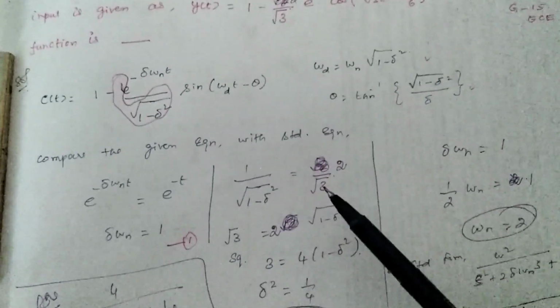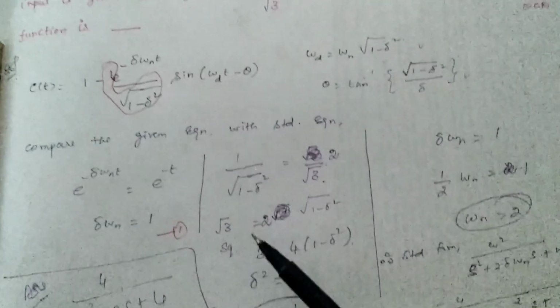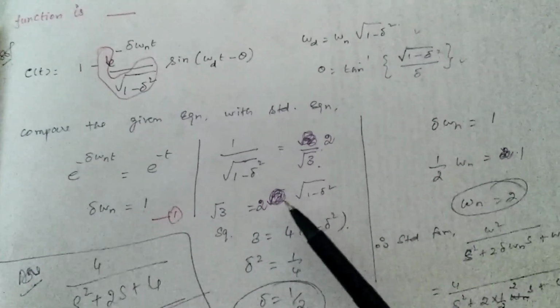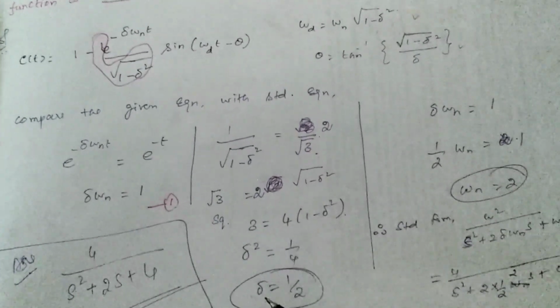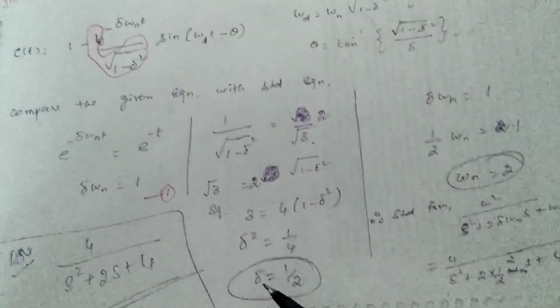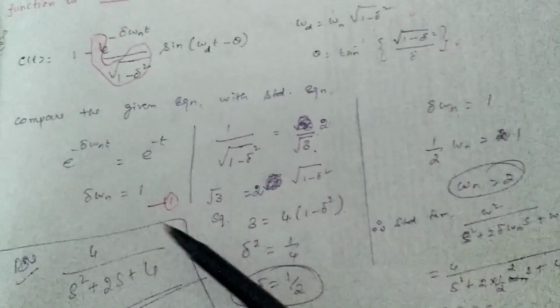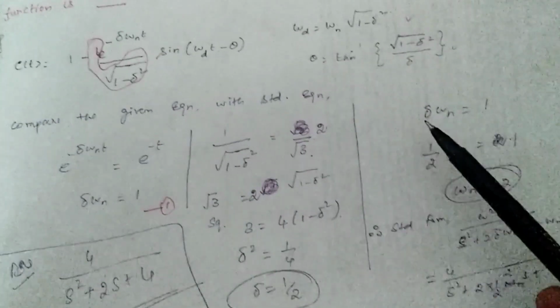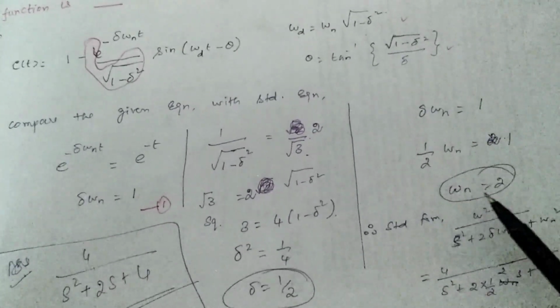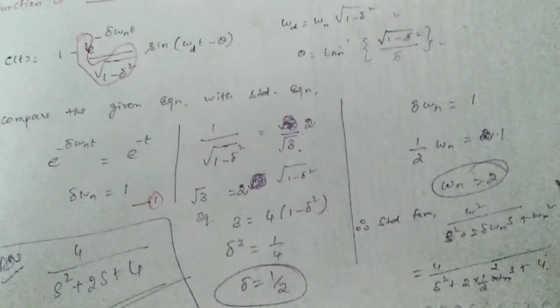So comparing the coefficient terms, we cross multiply and when we simplify, we have the damping ratio delta equal to 1 by 2. Substitute delta equal to 1 by 2 here, so we have omega n equal to 2.